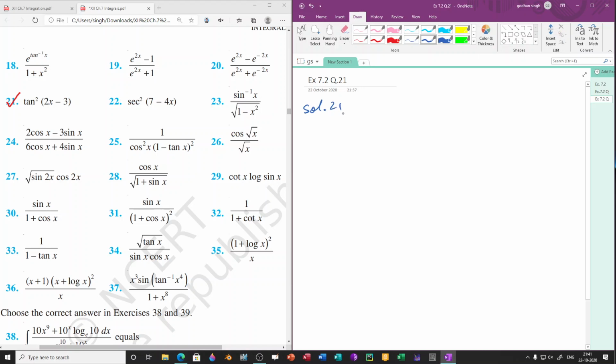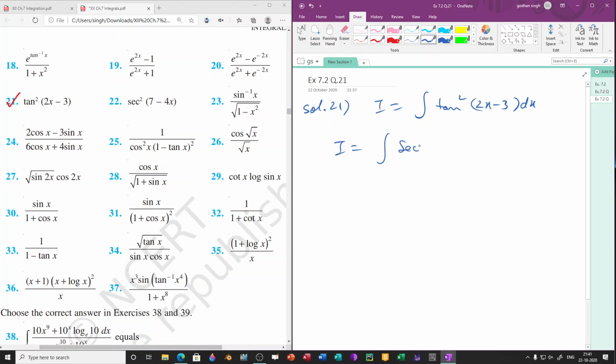Solution 21. I equal to integration of tan square 2x minus 3 dx. So, rewriting tan square x in terms of sec square x, we can have I equal to tan square x, that is sec square x minus 1.